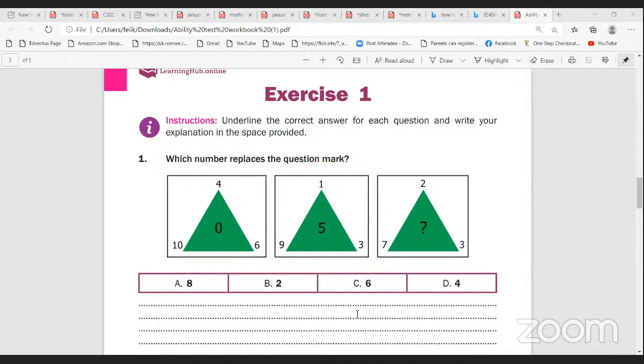Nelia, let me know if I pronounce your name correctly. It's Nelia. Nelia, okay, thank you, my dear. All right, so in 10, 9, 8, 7, 6, 5, 4, 3, 2, and 1. Read for me, darling. Which number replaces the question mark?